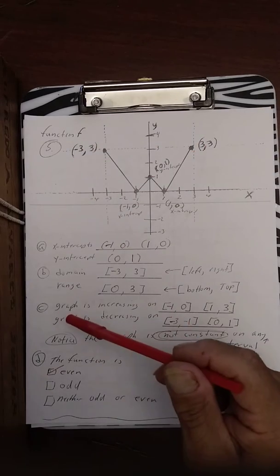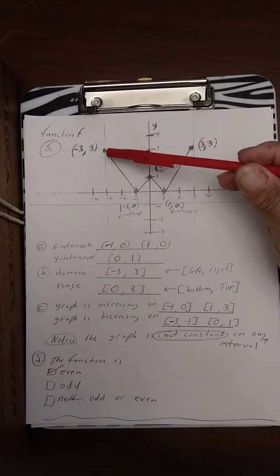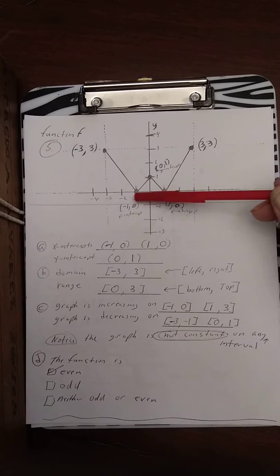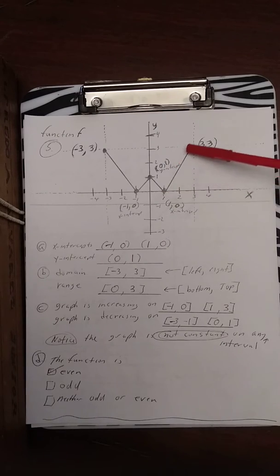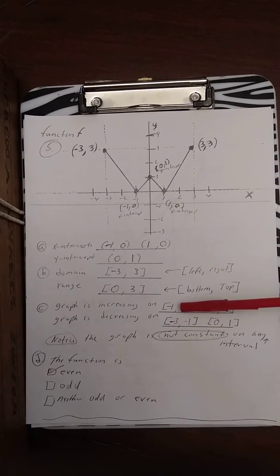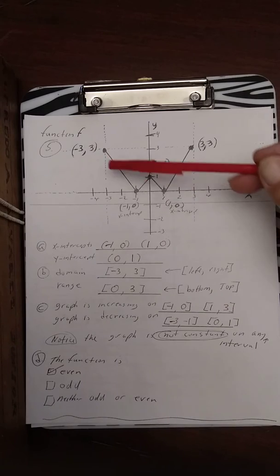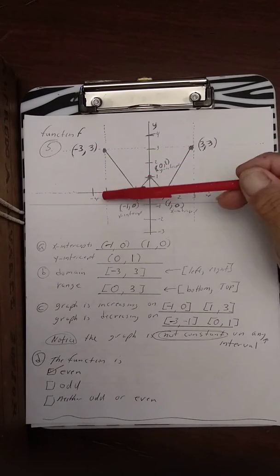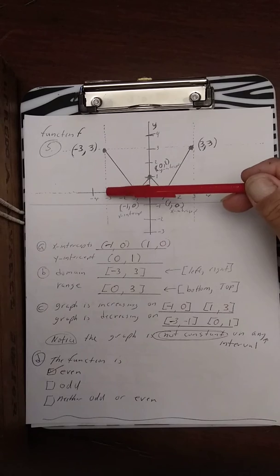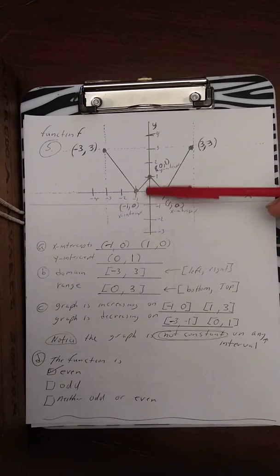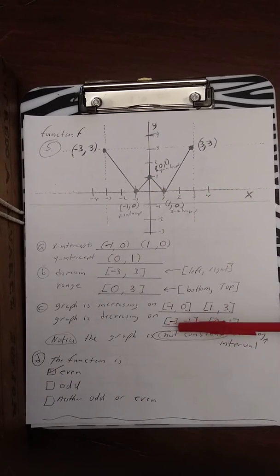Now, this graph is increasing from -1 to 0 going up, and from 1 to 3 increasing. It is decreasing from -3 to -1, going down from left to right, and also from 0 to 1 it's decreasing right there. So -3 to -1 decreasing, 0 to 1 decreasing.